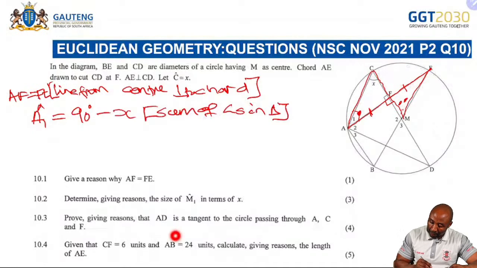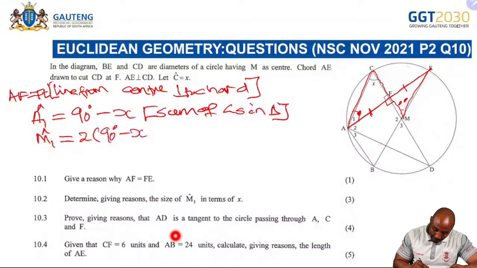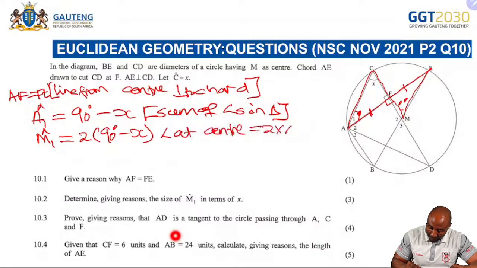So my angle M1 is equal to 2 times my angle A1, using angle at center is equal to 2 times angle at circumference.